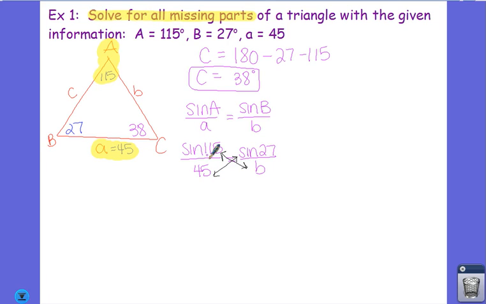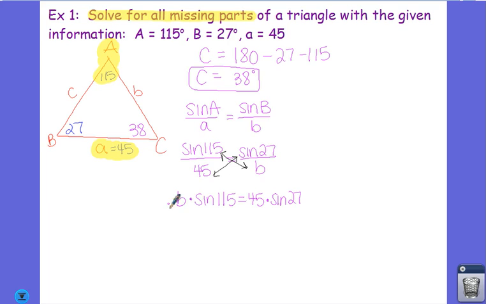So sine of 115 times b is simply b times the sine of 115, and 45 times the sine of 27. No, you cannot multiply 45 and 27. That's a side, that's an angle, they don't mix. So we're simply going to write it as 45 times the sine of 27.